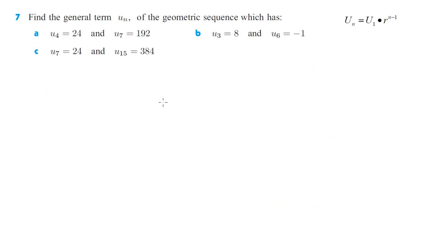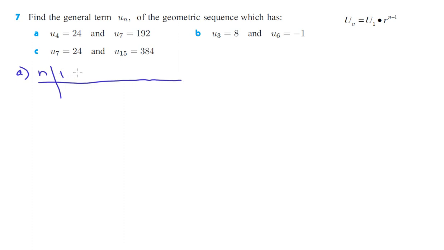Moving on to number 7. Find the general term of the geometric sequence, which has u sub 4 is 24 and u sub 7 is 192. So on these, I really like to make these little chart thingies. So let's make a little table. I'm having a hard time making straight lines here. That's good enough.